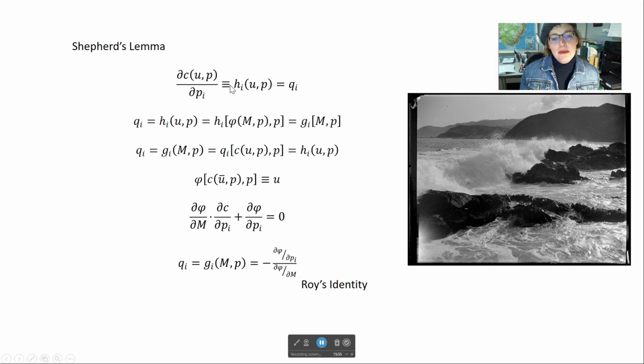And then this is going to be equal to the Hicksian or compensated demand for that type of good. So if we had done this with respect to PX, we would have gotten the Hicksian demand for X. So this gives us QI, which is the Hicksian demand.